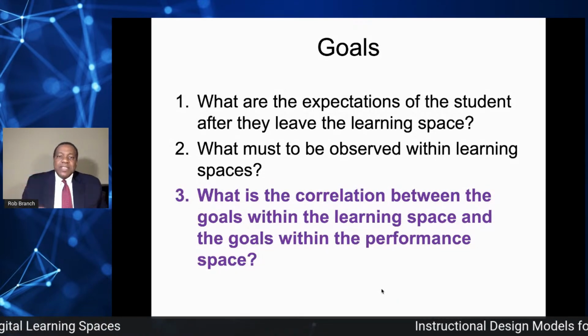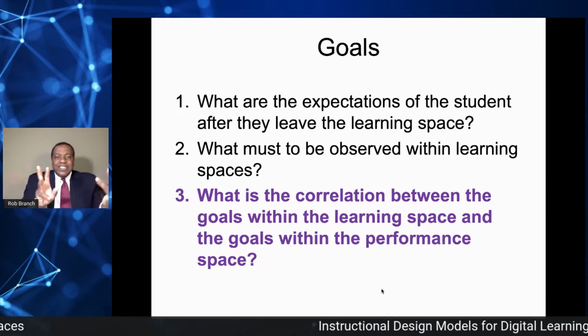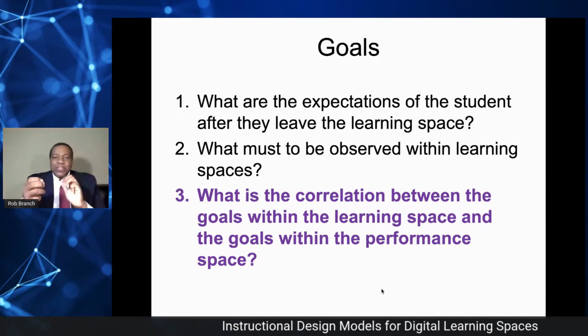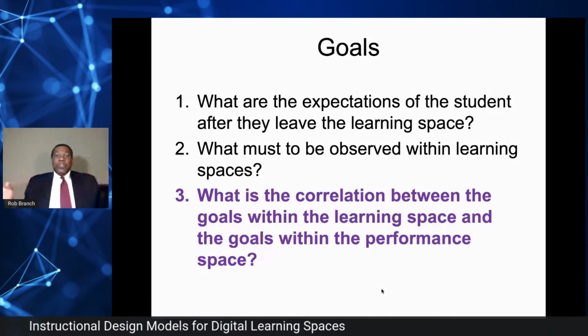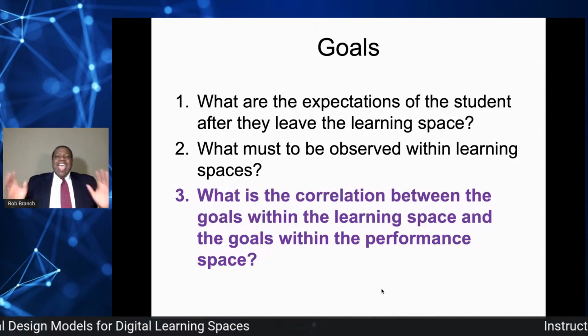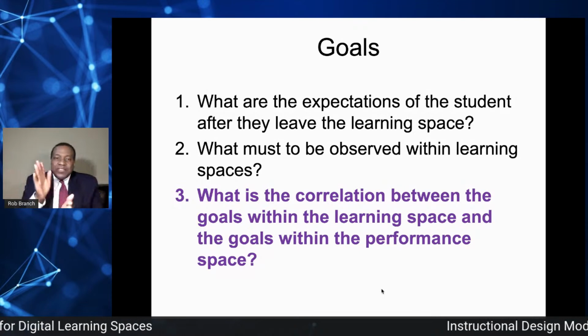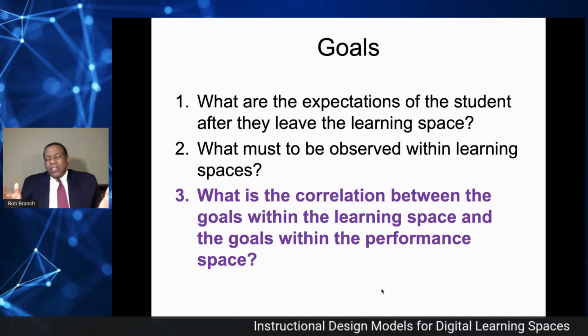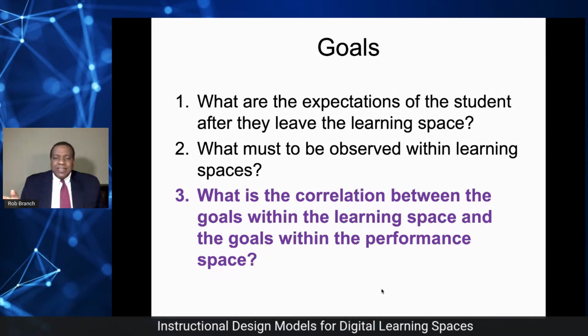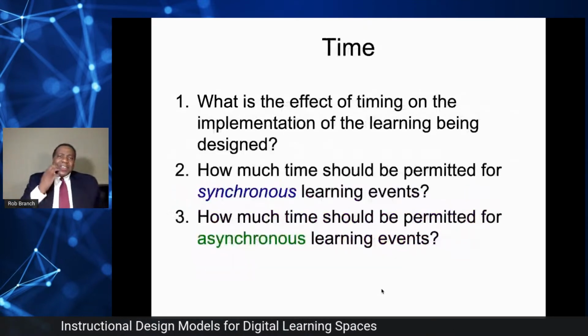This is extremely important. What is the relationship between what you do in your classroom or the learning space and what the students will be expected to do after they leave your classroom? I'll call it the performance space. Let me give you a better look at that.